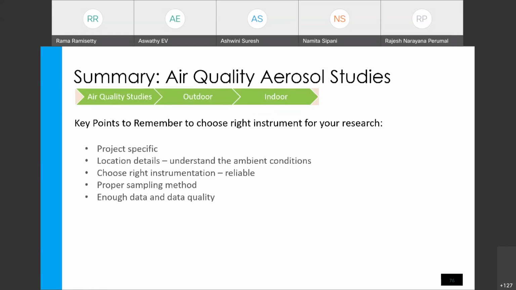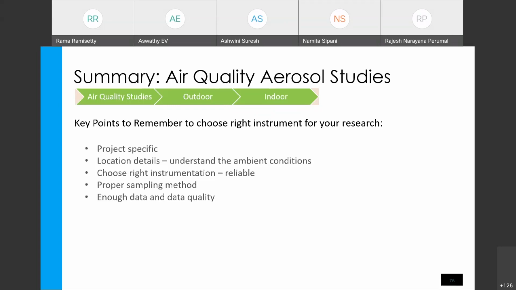Another important thing is proper sampling. As I mentioned earlier, relative humidity is a very important parameter. And also for number concentrations, diffusion is one of the critical factors. You should have a proper sampling method to measure accurately all the particles or number or size distributions.